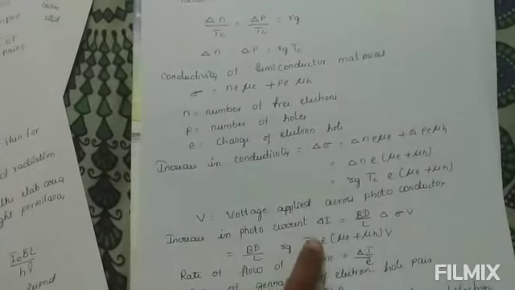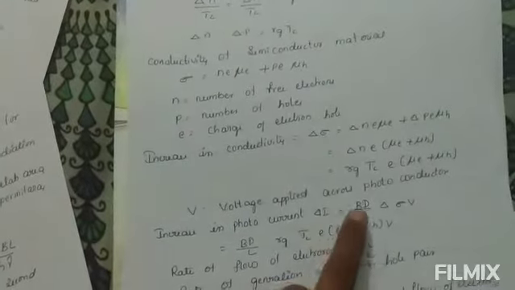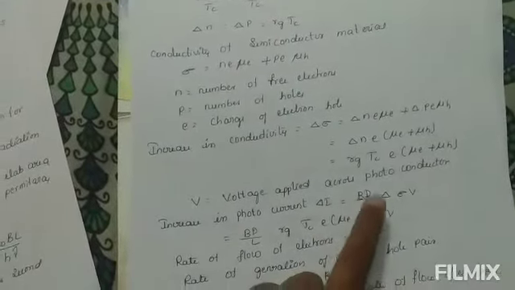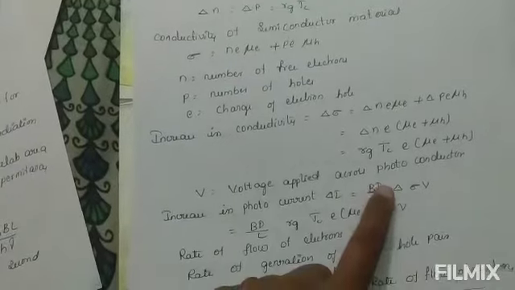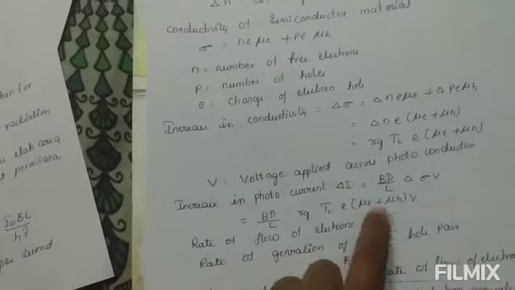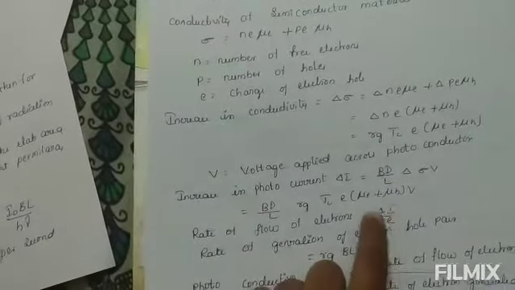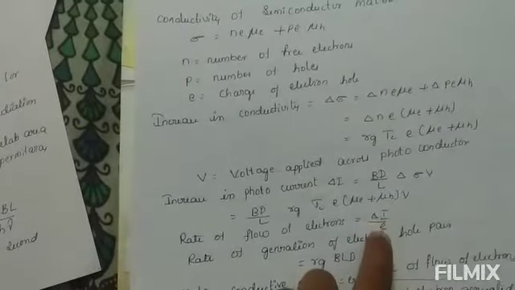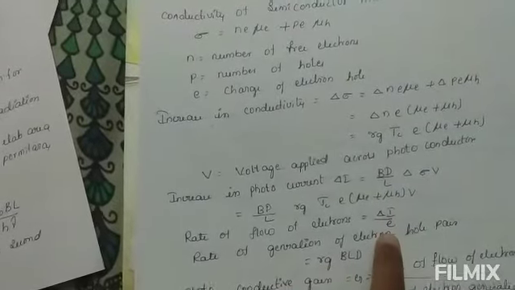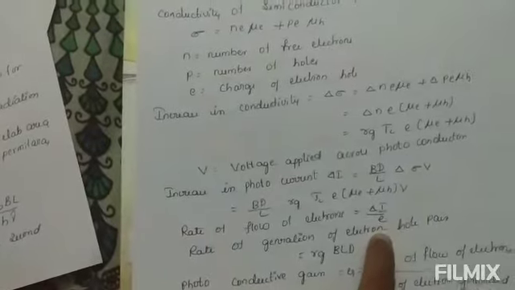The increase in the photocurrent will be given by ΔI = σ times BD by L, that is breadth, thickness and the length. The rate of flow of electrons will be given by current divided by the electron charge.